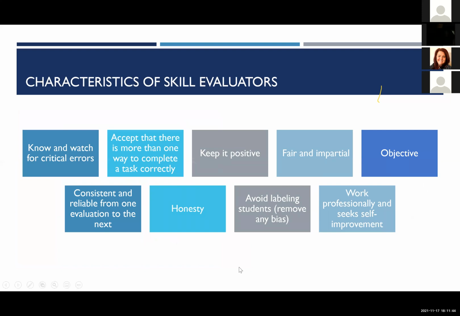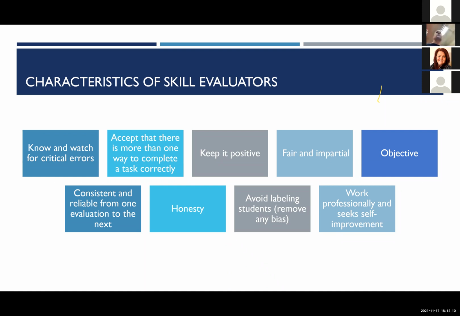So what are some characteristics of good skill evaluators? So not just skill evaluators, but good skill evaluators. Well, they know and they watch for critical errors, right? That's part of what they're doing when they're evaluating. But they're not just evaluating to make sure that they're hitting all of the required components or the required checklists. They're looking for things that happen outside of that or anything that might be critical to patient outcome.